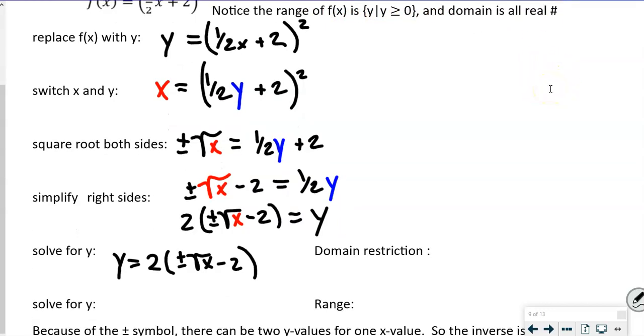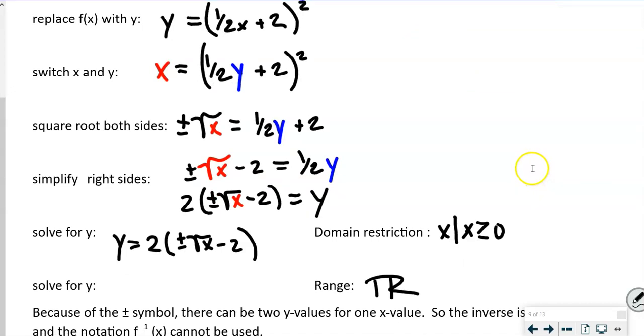Now we're going to say our domain restriction is x such that x is greater than or equal to 0. And then what about our range? It's going to be all real numbers, right? So they're just going to flip. That's what you need to keep in mind when you're given the domain and range of the original function. The domain and range are going to flip for the inverse.